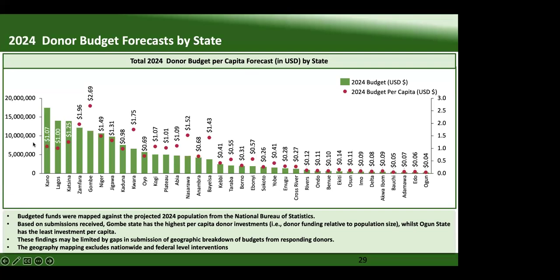Now, the red dots you're seeing on each of these bar charts was an attempt of us to tell this story a little differently. There's something about equity and equality in financing. Equality connotes where you treat people as equal, irrespective of social standing, irrespective of geography where they live.